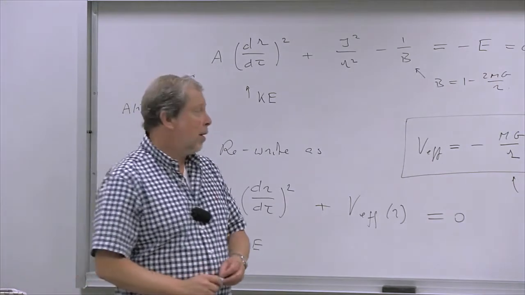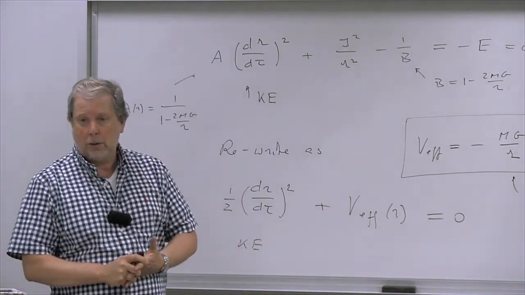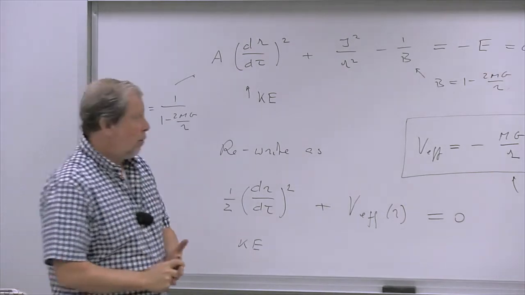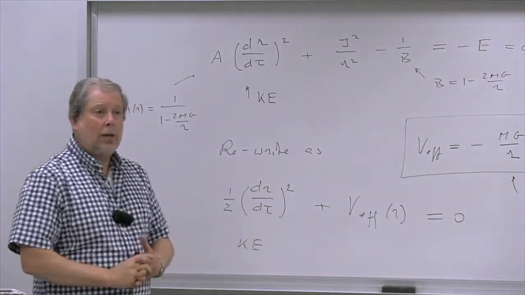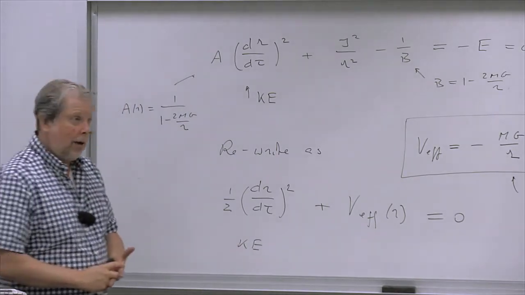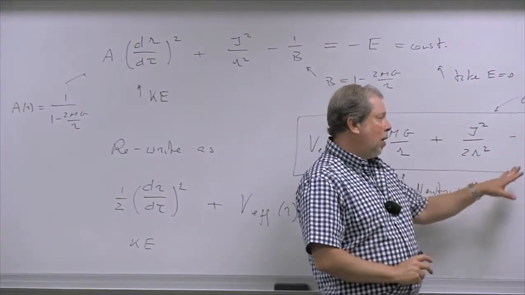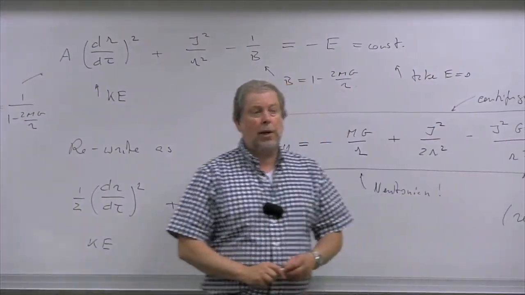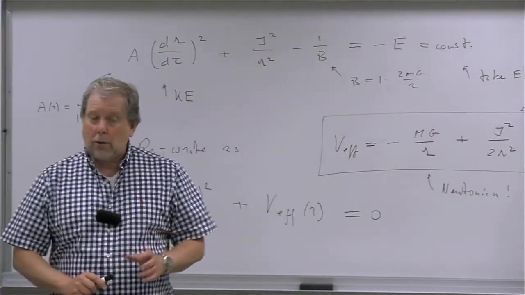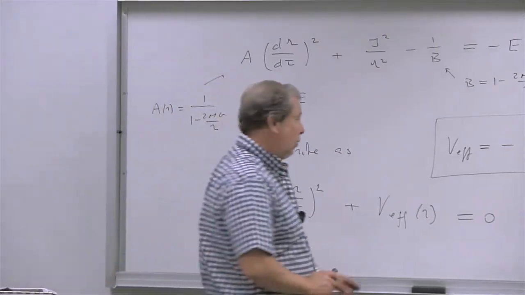What else is remarkable about this result? Well, what else is remarkable is, of course, that nothing happens at the Schwarzschild radius. If you look at this, there's no 1 minus 2mg over r term in it. This seems to be completely well behaved. There's only one extra correction. And that extra correction is the one that is responsible for the precession of the perihelion of Mercury.